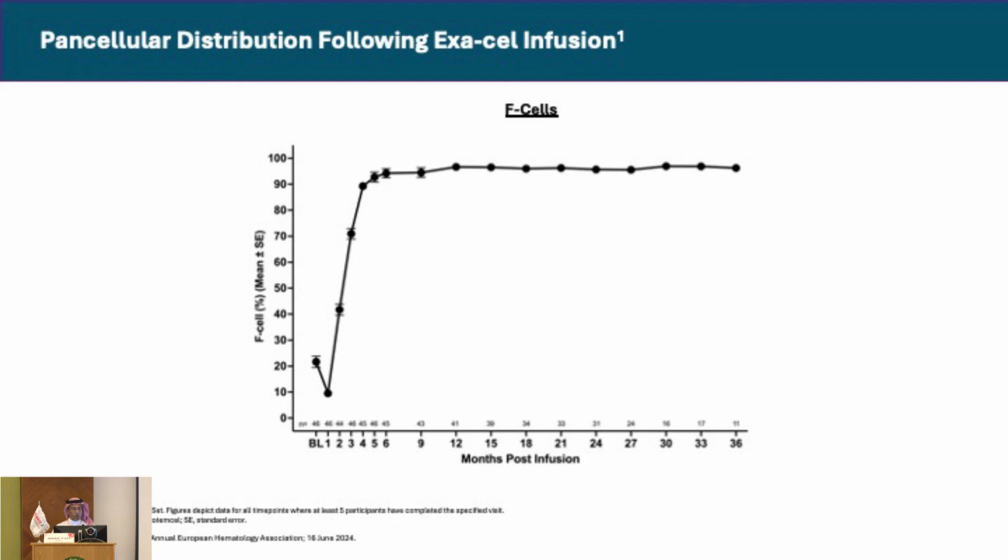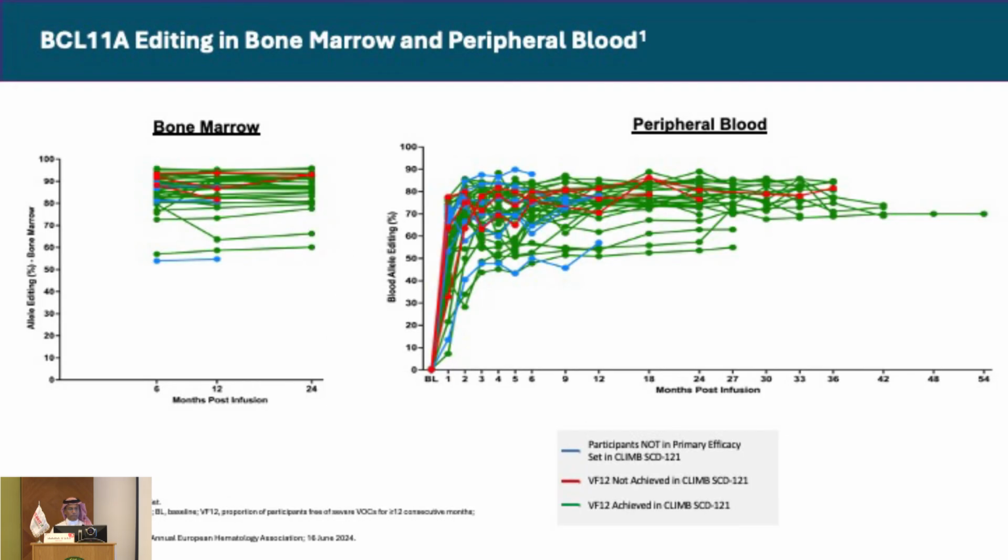It's very important to have the quality of hemoglobin F in these patients. As you can see, all these patients have pan-cellular distribution. This shows you the qualitative effect of the hemoglobin F that plateaued at more than 90% and remained throughout the follow-up period. This is the edited BCL11A alleles, and they were traced and followed both in bone marrow and peripheral blood.